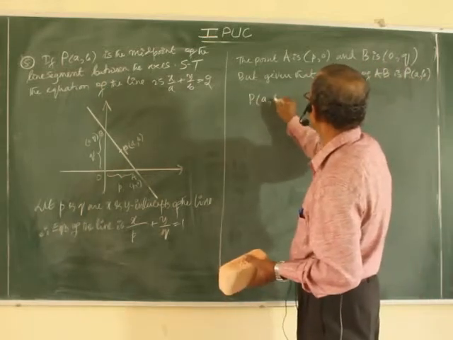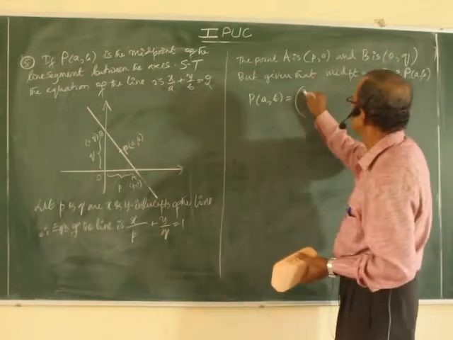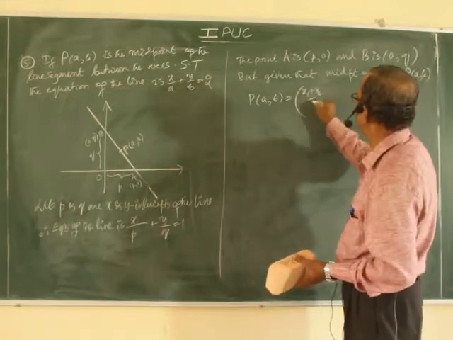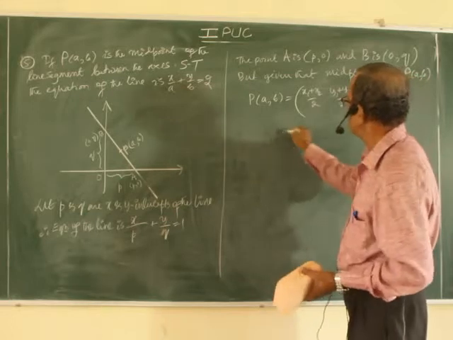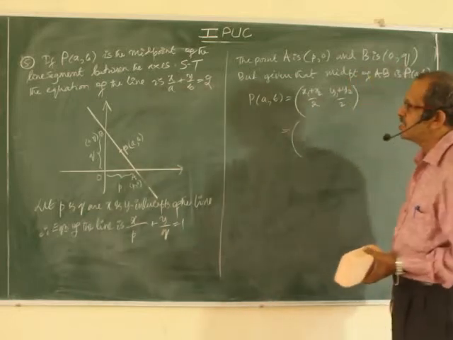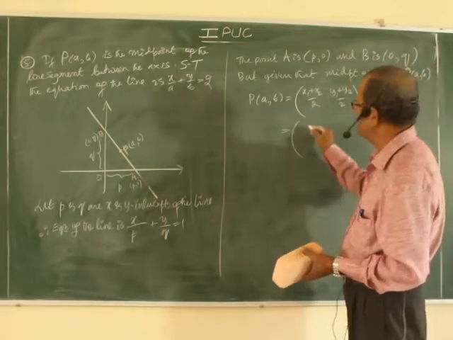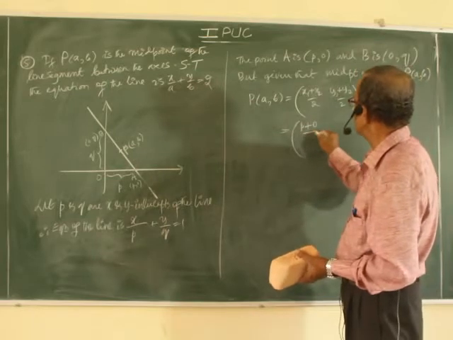P(a, b) equal to x1 plus x2 by 2, y1 plus y2 by 2.